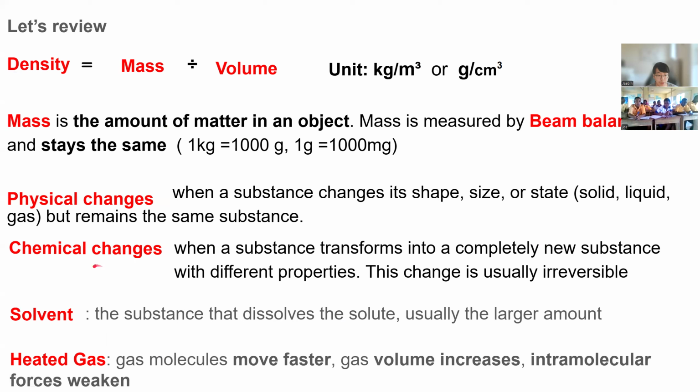For example, in air, we learned that nitrogen is the solvent because it makes up most of the air. Lastly, we learned about properties of heated gas: gas molecules move faster, the gas volume increases, and intermolecular forces weaken when gas is heated.